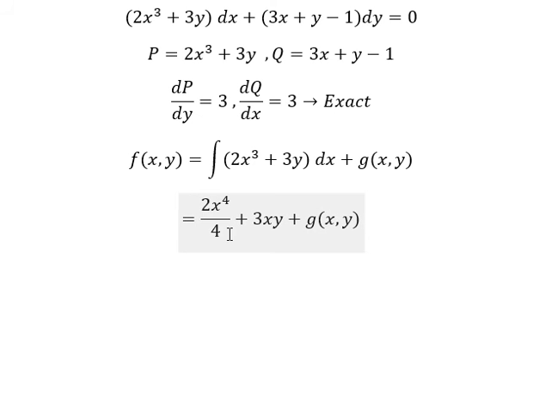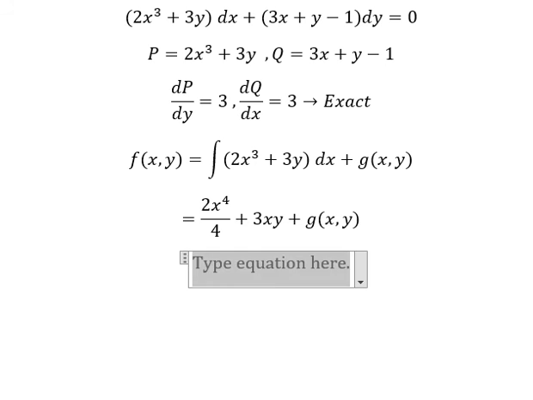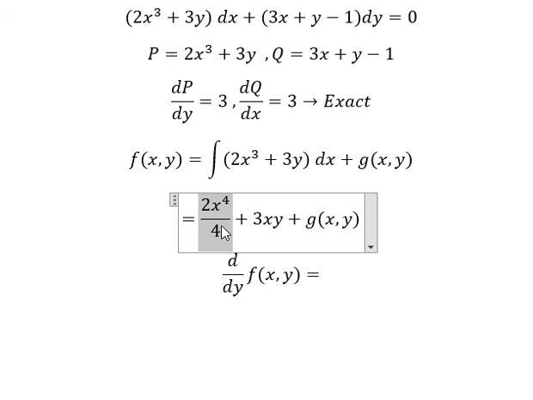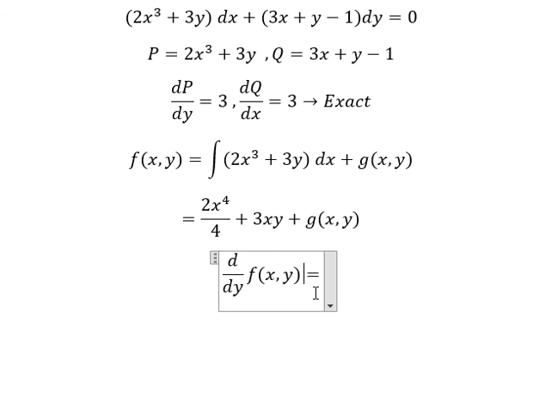Later we need to do first the derivative for both sides. So this one we don't have y, so you got number 0. This one we have number 1, so we have 3x.